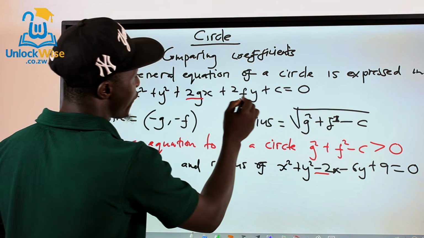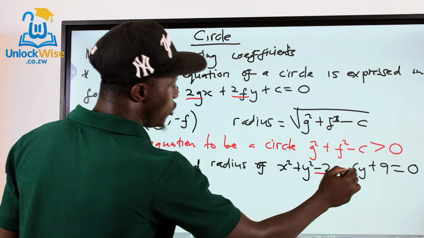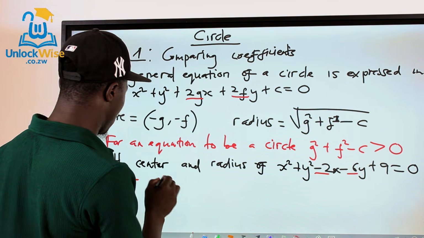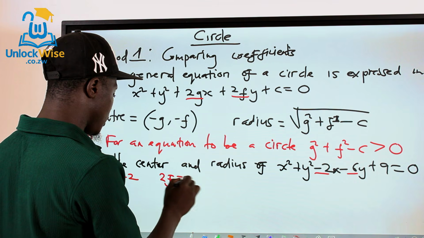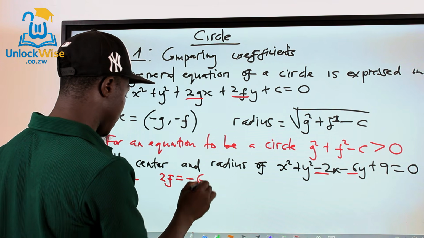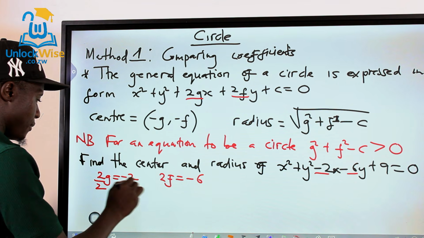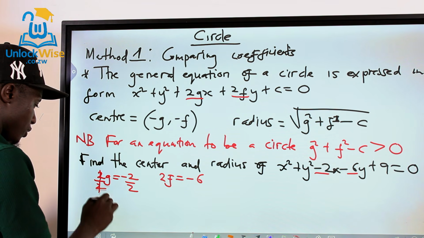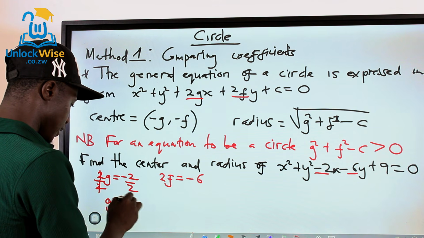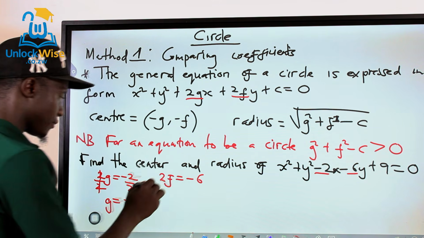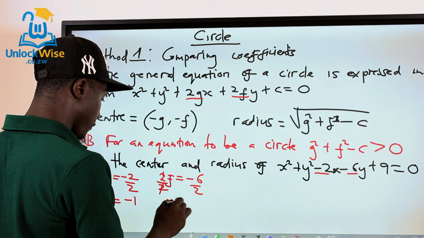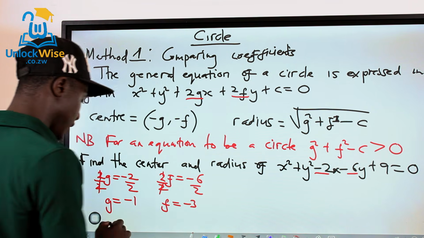The coefficient of y here is 2f, and the coefficient of y is minus 6, so 2f is equal to minus 6. Now let's divide by 2. So g is equal to minus 1, and our f is equal to minus 3.